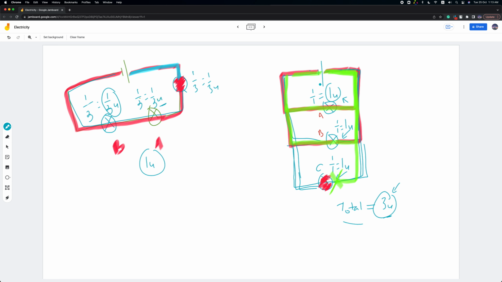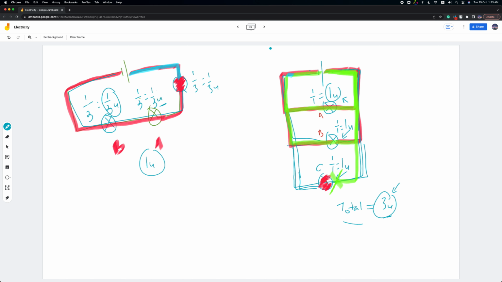As for the bulbs arranged in parallel, we can say there's more than one path for electricity to flow, so it still forms a closed circuit and the other bulbs can light up. So that's something I added there. I added, there's more than one path for electricity to flow.